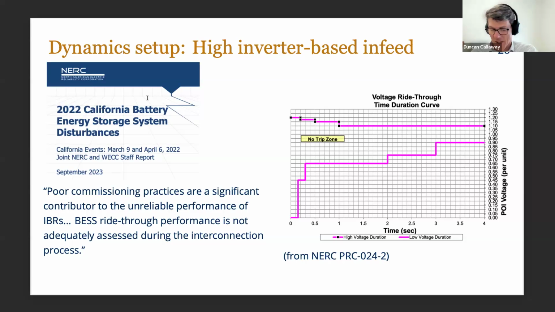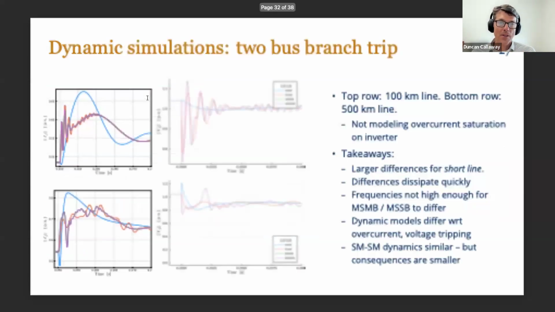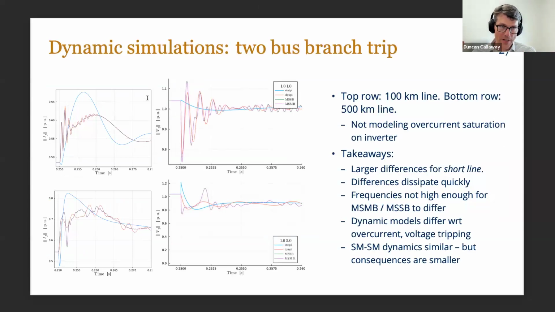So this motivates what we want to do here. If we're looking at something like voltage magnitudes, or perhaps inverter filter currents, trying to understand saturation effects on the inverter, how much does it matter whether or not we capture the full line dynamics for doing those types of studies? So here are some example traces. In the top case, this is the 2-bus case, and we're doing that branch trip.